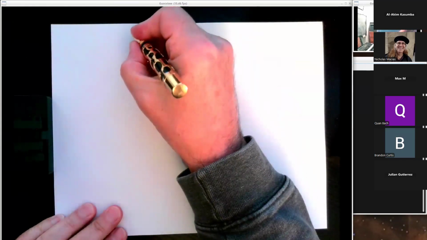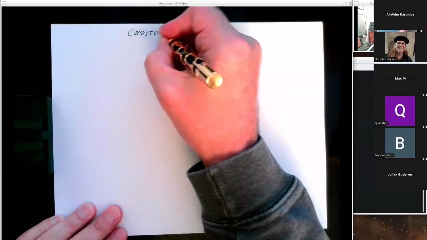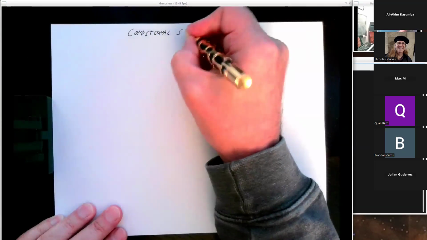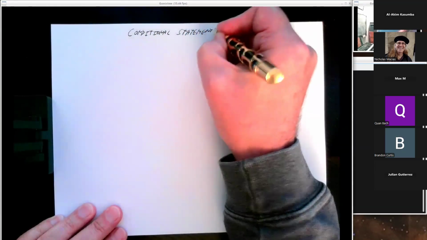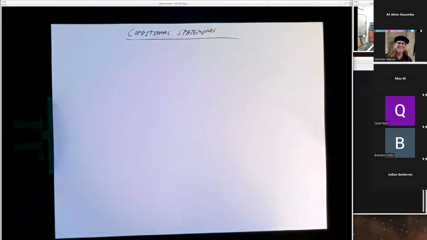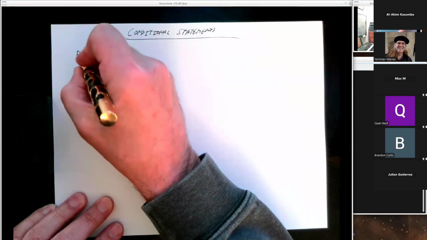So conditional statements. A conditional statement, again, P and Q are just propositions.